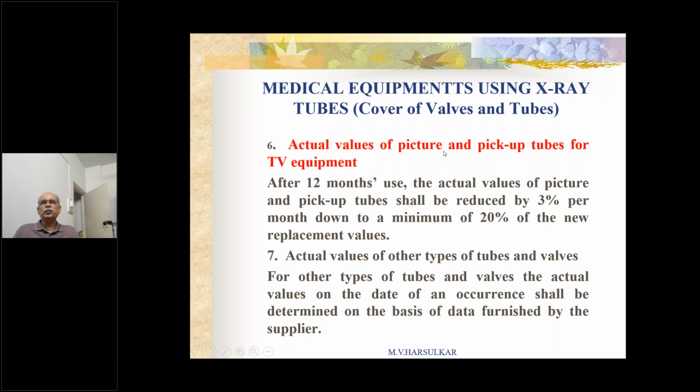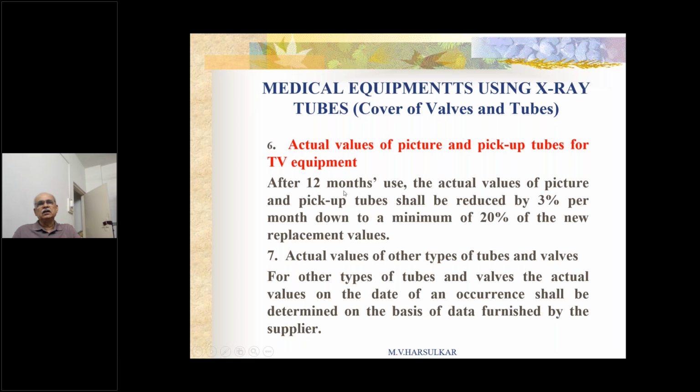Then actual values of picture and pickup tubes for TV equipments. For TV equipments, after 12 months use, the actual value of picture tube and pickup tube shall be reduced by 3% per month. Up to 1 year, no issue. The full value may be payable. But after that, every month 3%. So that means minimum, and again minimum 20%.